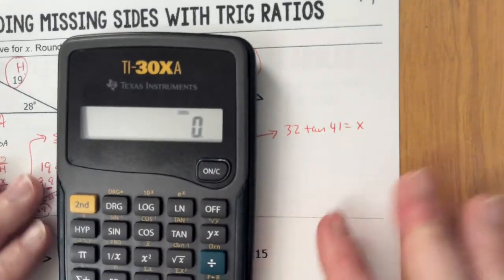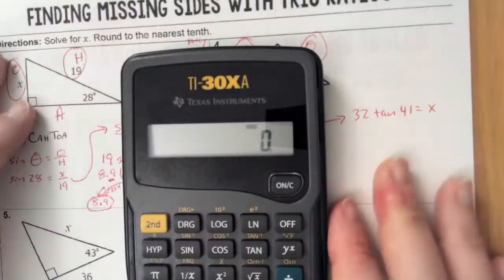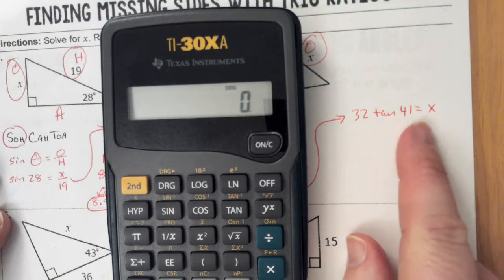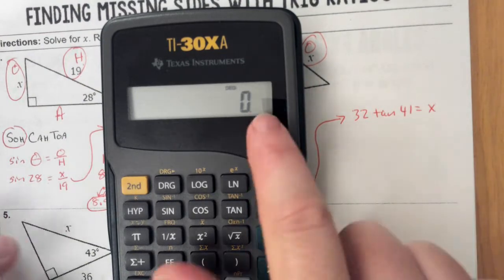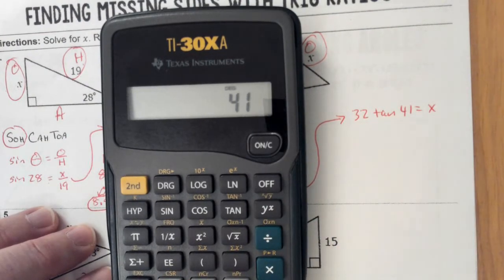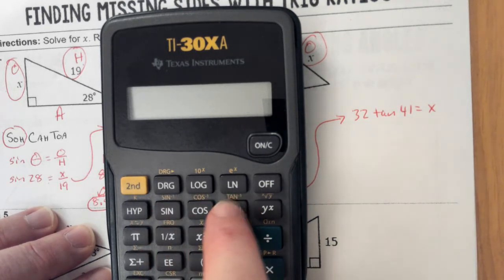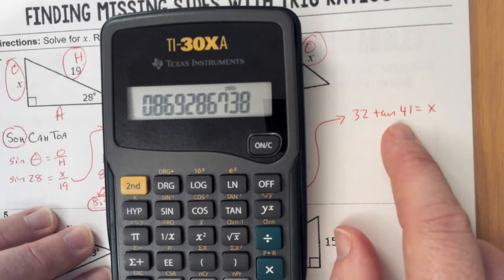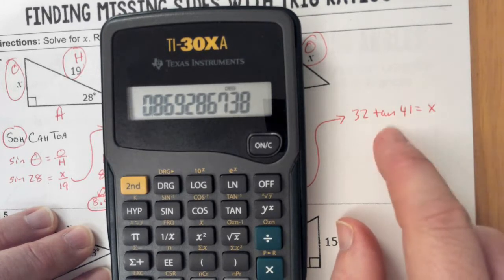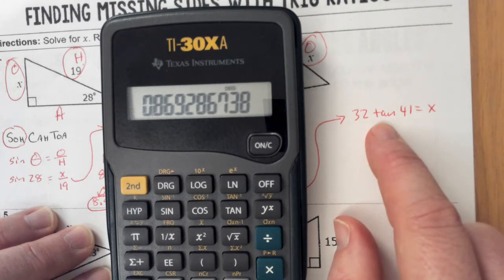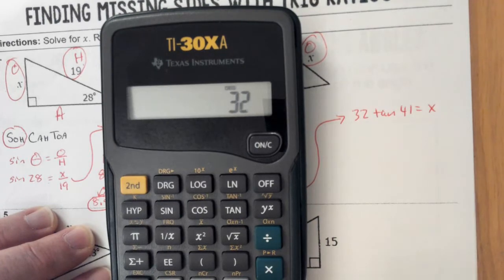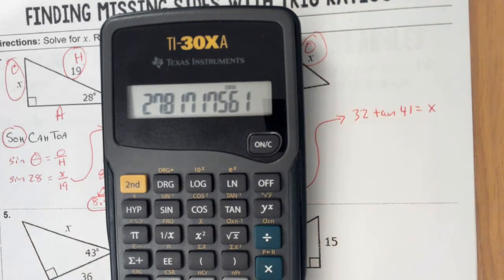Now how do we type this in? For this calculator, you're going to have to type it in backwards. You have to do 41 first. So 41, and this is tan. So you have to do 41 tan first, and now you get to multiply by 32. And there's your answer.